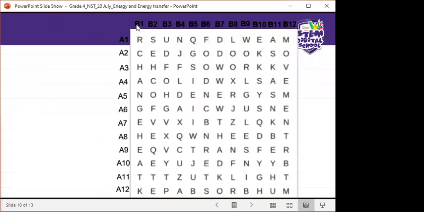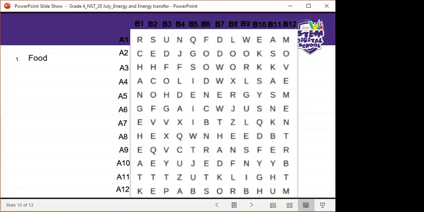As you can see at the top, we have B1, B2, B3, up to B12. Then we have rows, which are A1, A2, A3, A4 until 12. A word is going to appear, like food, and then you need to find food in the word cross.